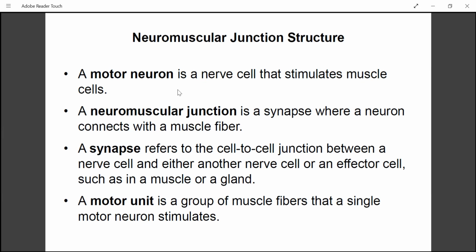The term motor unit refers to a group of muscle fibers that one motor neuron stimulates. Sometimes we have really large motor units where one motor neuron stimulates thousands of muscle fibers, and we also have small, precise motor units where one motor neuron may only stimulate a few muscle fibers.